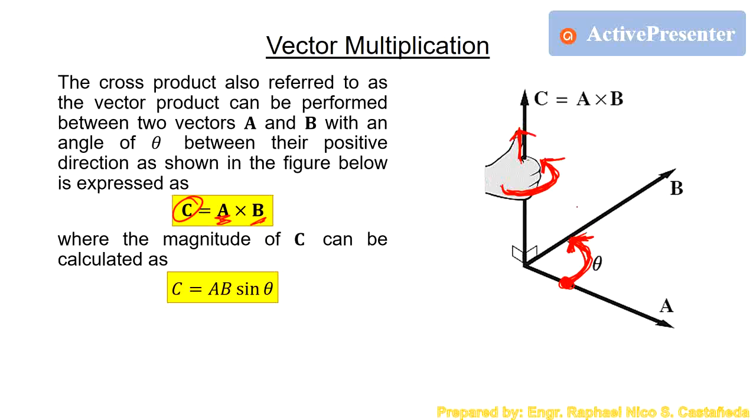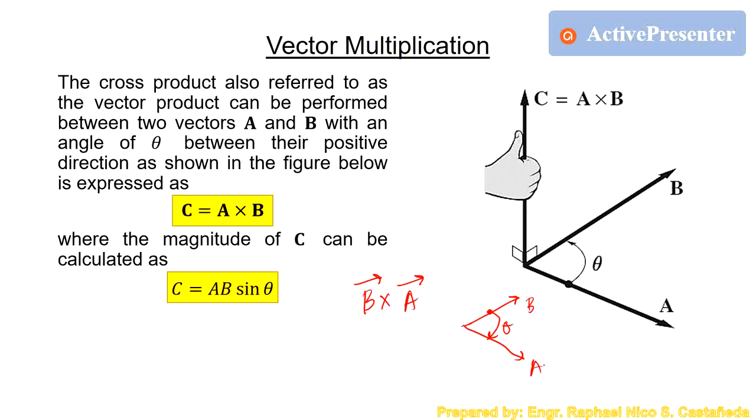Meaning, if we want to interchange, let's say B cross A, what will happen now is that if you follow the right hand rule, it will look like this. This is theta, B cross A. If you use your right hand, your thumb here will point downward. So this is vector C, because the curling of your fingers is like this and your thumb is going downward.